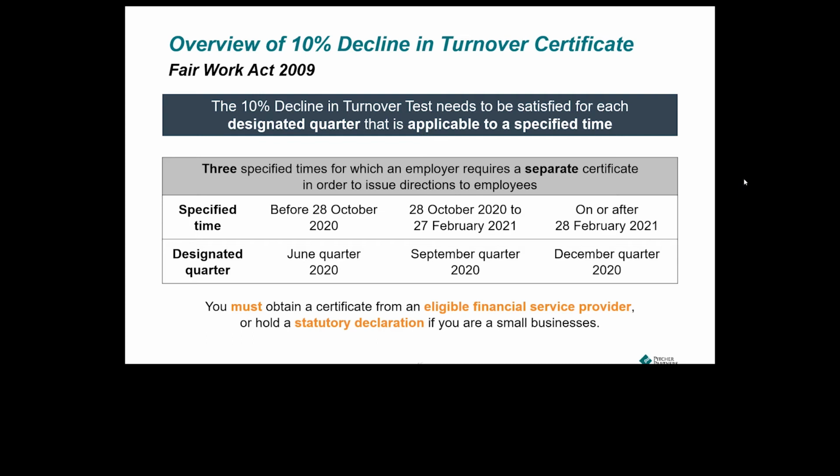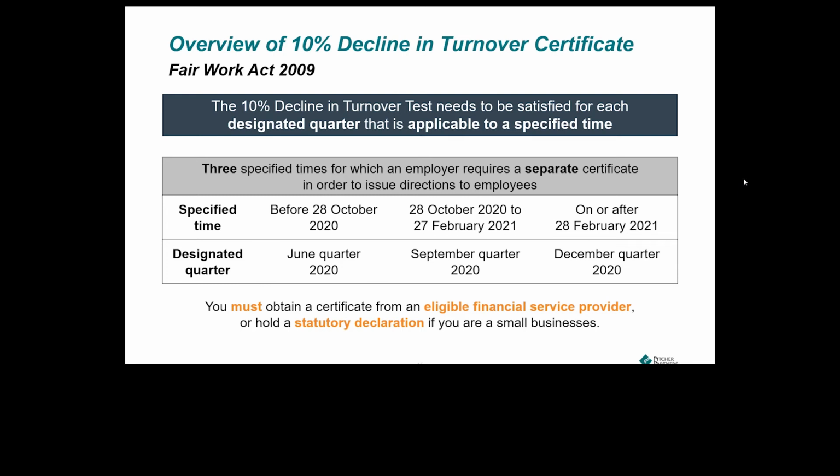So what that means, and it's a little bit confusing, but what it could possibly mean is that if you were an employer that qualified for JobKeeper 1.0 payments, you satisfied, let's say, the 30% decline in turnover threshold, you've now determined, or you will determine post 30 September, that you won't satisfy the 30% decline in turnover threshold for the quarter ended 30 September.